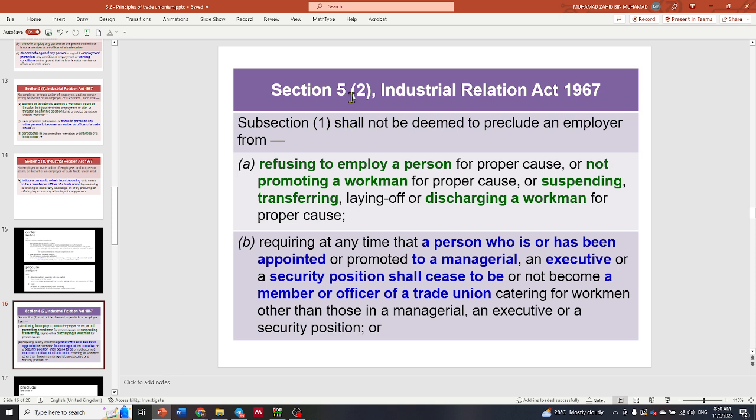Section 5, subsection 2, subsection 1 shall not be deemed to preclude an employer from refusing to employ a person for proper cause, or not promoting a workman for proper cause, or suspending, transferring, laying off, or discharging a workman for proper cause.